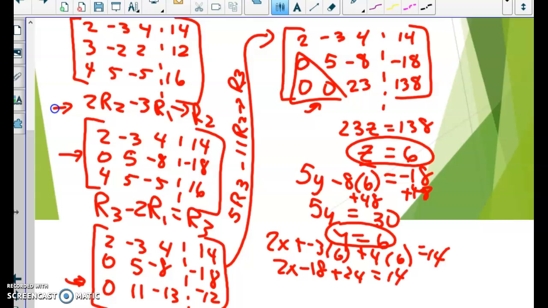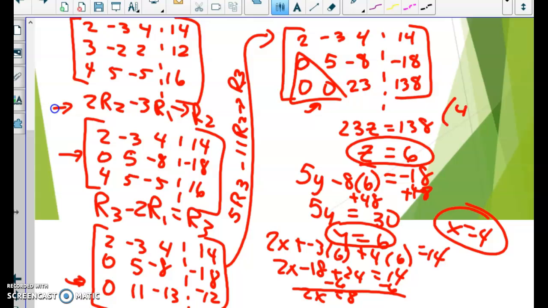And it looks like I subtract 6 from both sides. Gives me 2x equals 8, so my x is equal to 4. So writing that value as a point, I get 4, 6, 6.